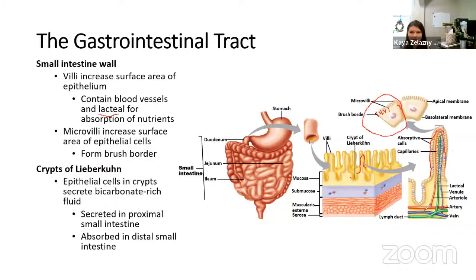Here we see an arteriole coming in, a capillary bed leading to a venule, leading to a vein. That's our blood flow. And in the center, we have a branch of our lymphatic system, this lacteal leading to a lymph duct.